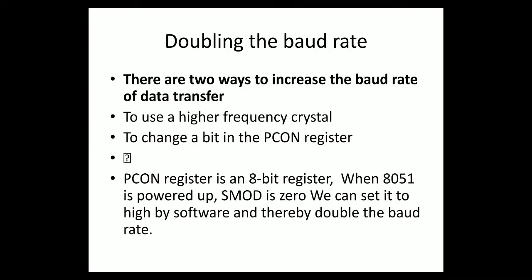There are two ways to increase the baud rate of data transfer. What was the need of doubling the baud rate? As technology of data transmission improved, some devices started working at larger baud rates, and the next version of a device will usually have almost double the baud rate of the previous one.